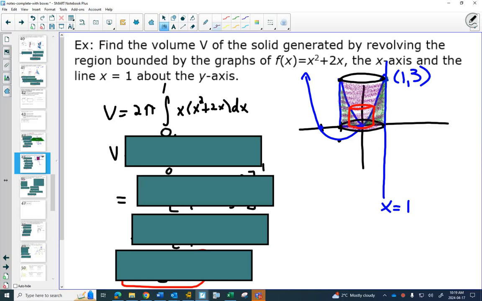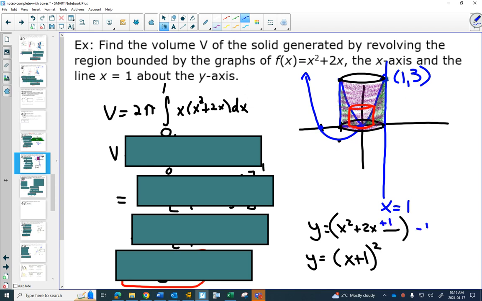In the washer method, do you want to see how you'd have to do it? In this example, you have y equals x squared plus 2x. You would have to think about wanting to complete the square, which would mean you'd add 1 in there and subtract 1. Or technically you could add 1 to both sides.